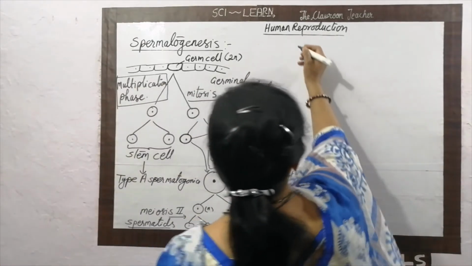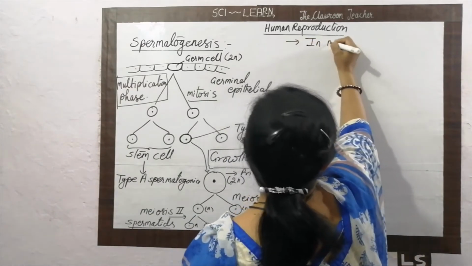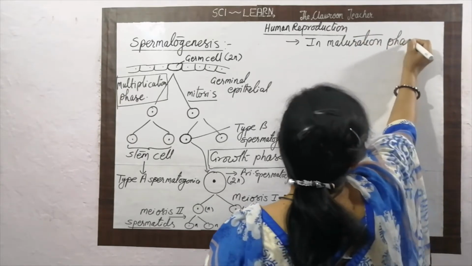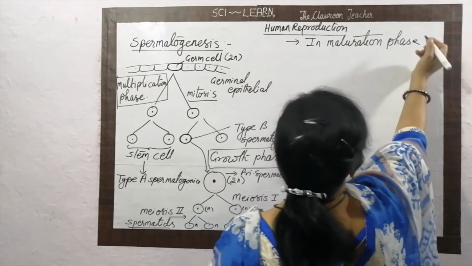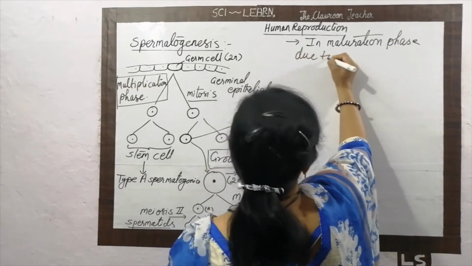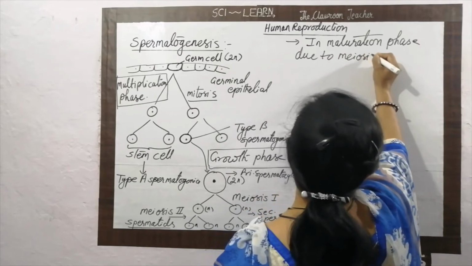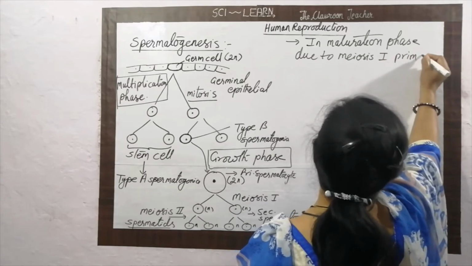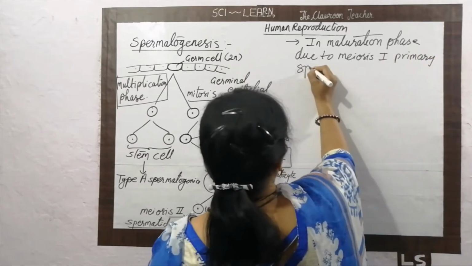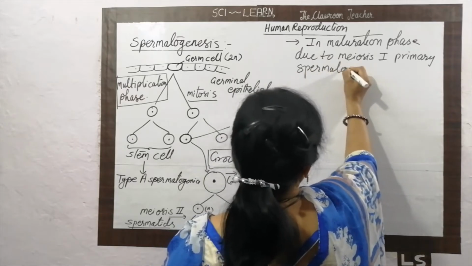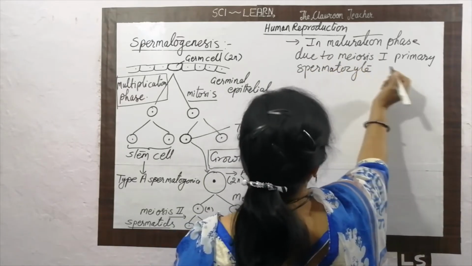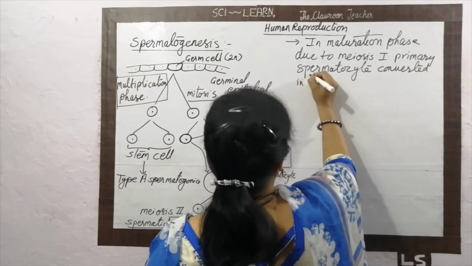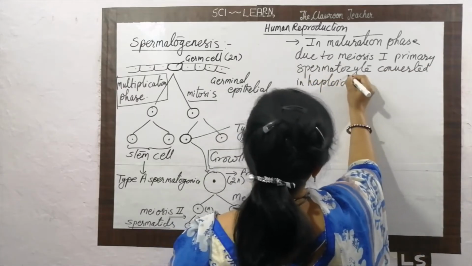So in the maturation phase, due to meiosis 1, the primary spermatocyte is converted into haploid daughter cells.